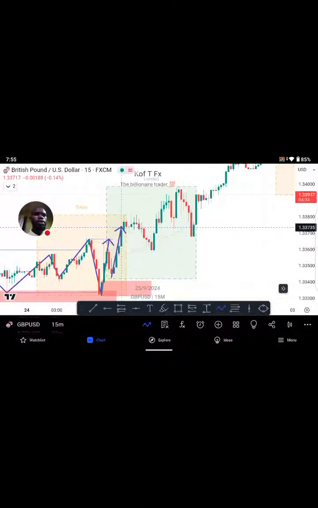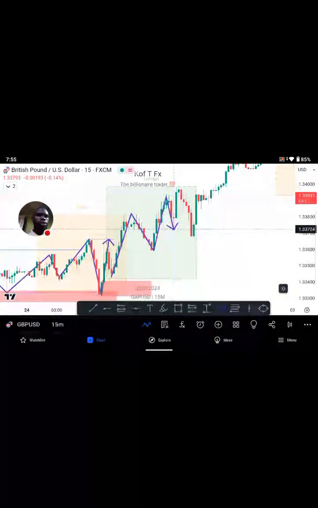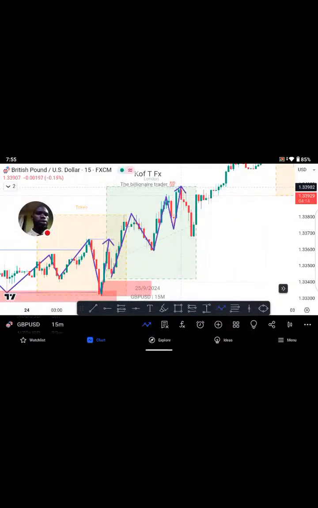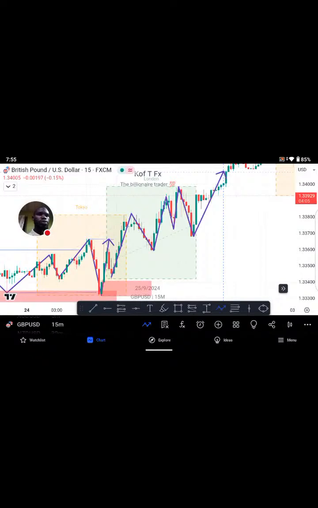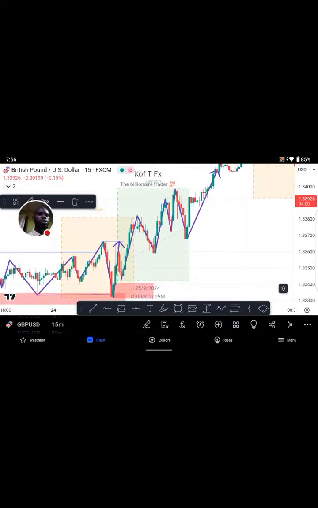We have this to this high, then we have this break of structure, BOS, a pullback, then another BOS which grabbed liquidity, then it broke structure.